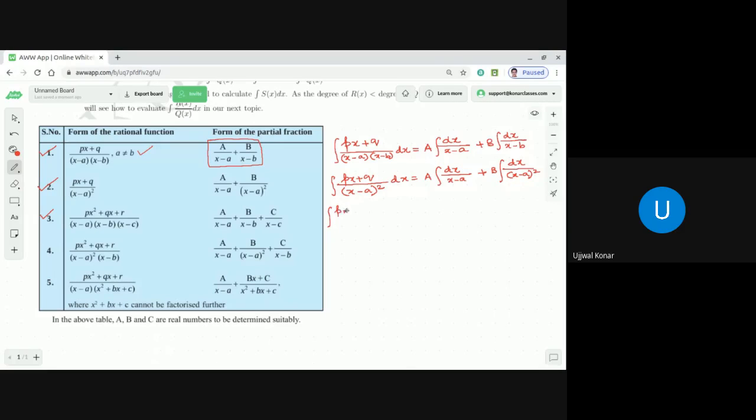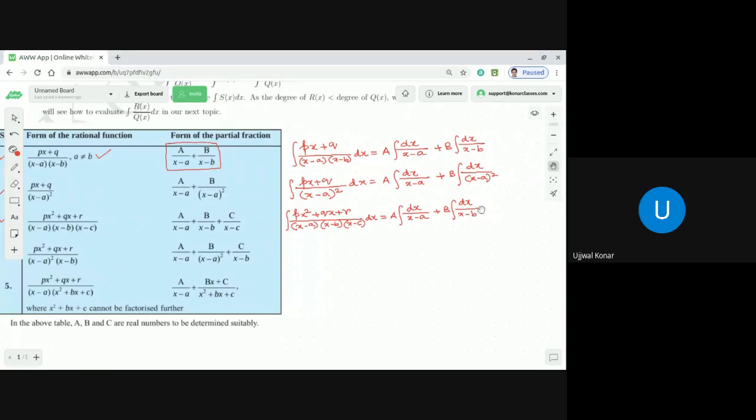Integration of (px square plus qx plus r) divided by (x minus a) into (x minus b) into (x minus c) dx is equal to capital A into integration dx by x minus a plus capital B integration dx by x minus b, correct?